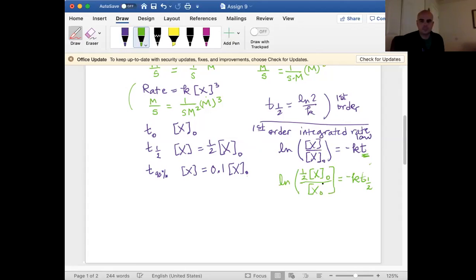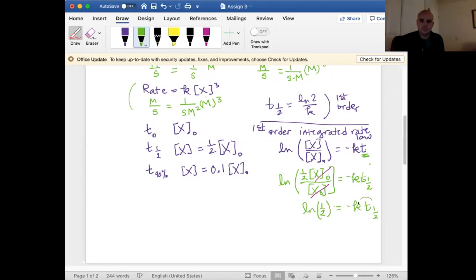And now these guys are going to cancel, and I'm just going to have natural log of 1/2 is equal to minus k t 1/2, right?